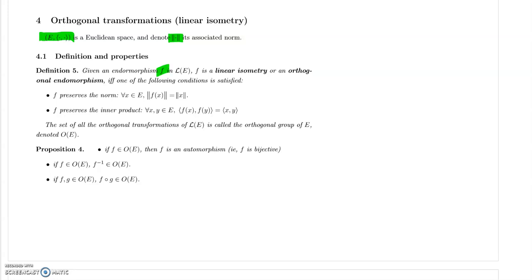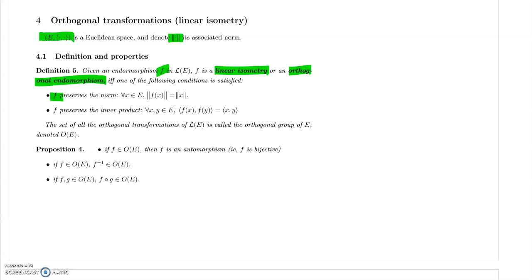Let's consider F an endomorphism of E. It's called a linear isometry, or a synonym would be an orthogonal endomorphism, if and only if one of the following conditions is satisfied.